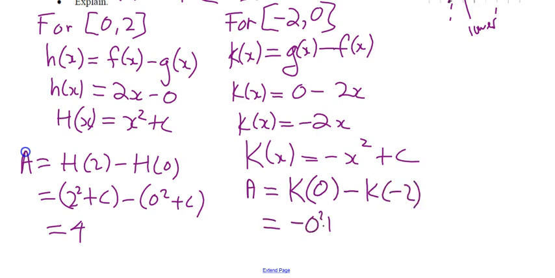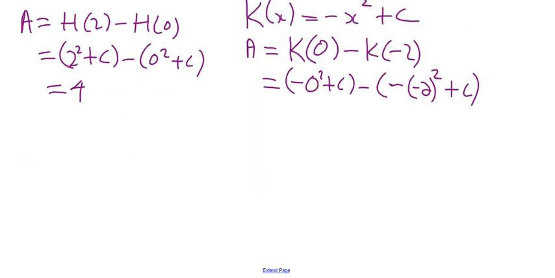So it's negative 0 squared plus c minus negative the negative of negative 2 quantity squared plus c. So this one here is just c. Minus, okay, so that's negative 4, minus negative 4 becomes plus 4, minus c. That area is 4. 4 plus 4 is 8, right?